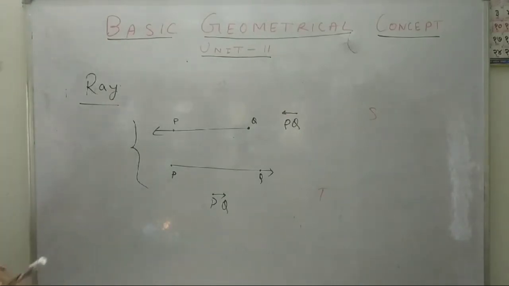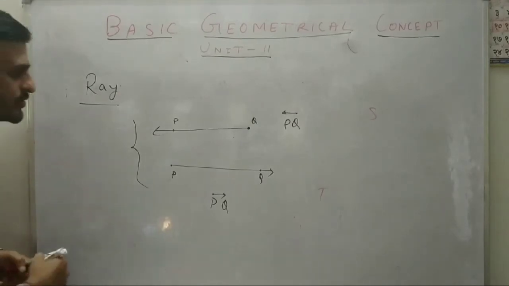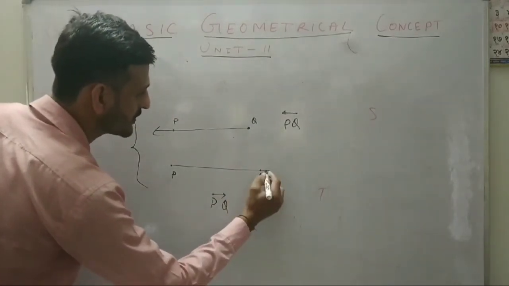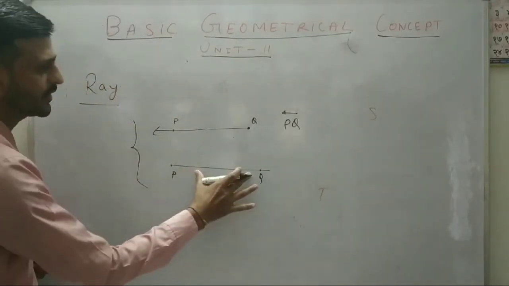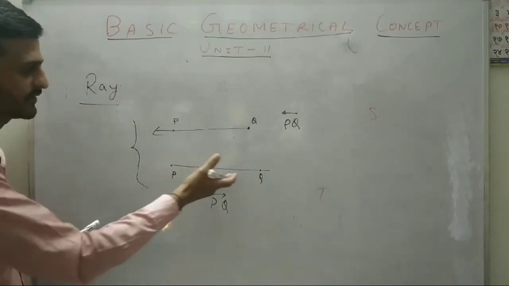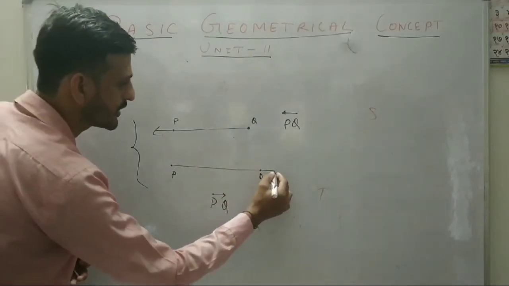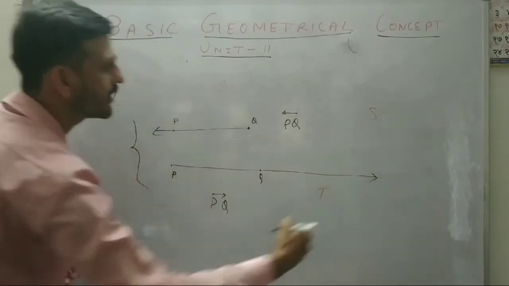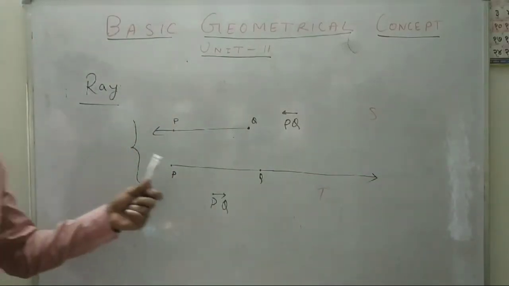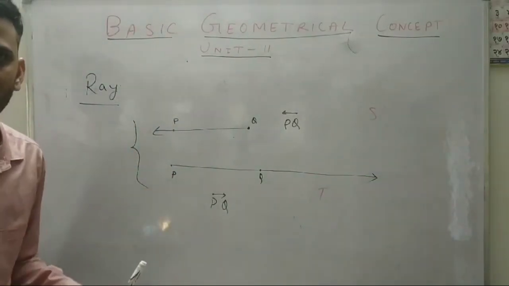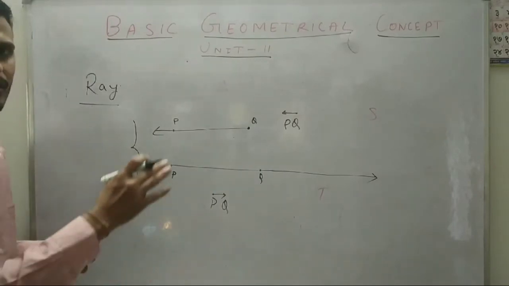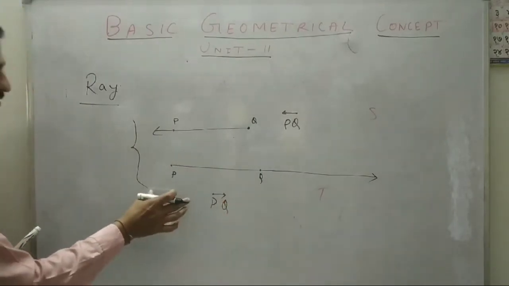So let us see some properties of ray. A ray has no definite length because it can be extended. Suppose somebody is thinking the ray up to this end point is its definite length. No, it can be extended in one direction. So that means a line segment cannot be extended in any direction. A line can be extended in both directions and a ray can be extended in only one direction.